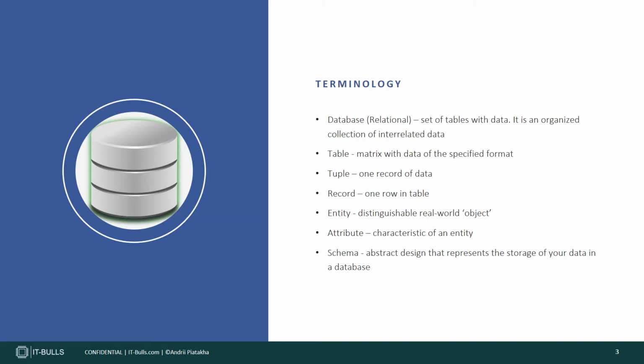There is also one more term that we are going to use often today in the lesson. Schema. A database schema is an abstract design that represents the storage of your data in a database. It describes both the organization of data and the relationships between tables in a given database. Sometimes you can find that people use schema and database as interchangeable terms, but this is not correct.